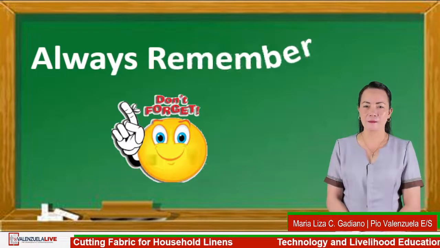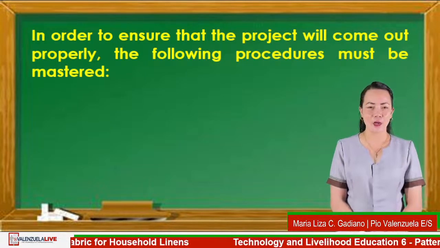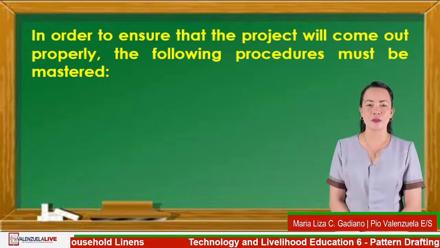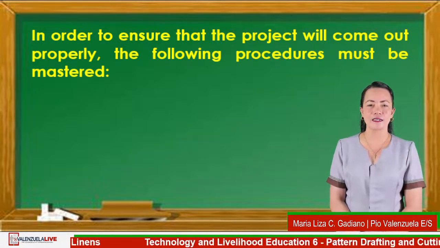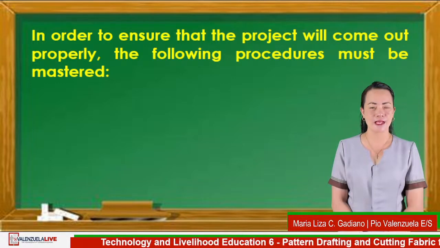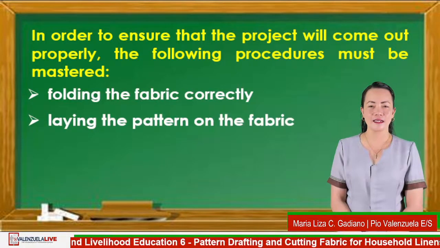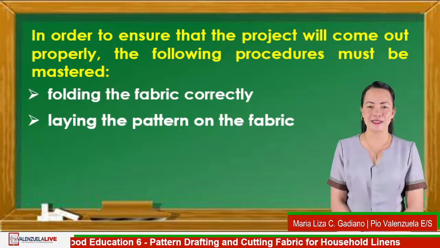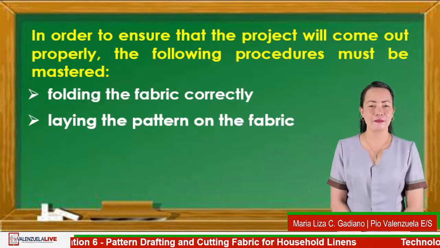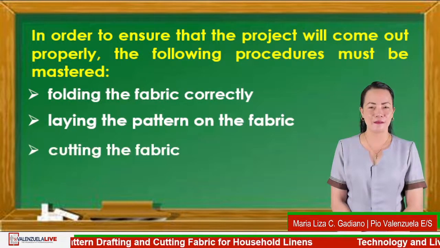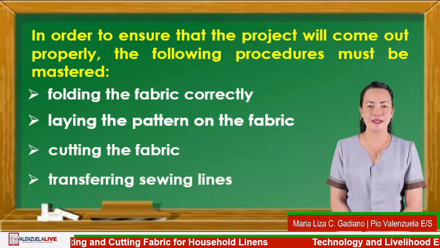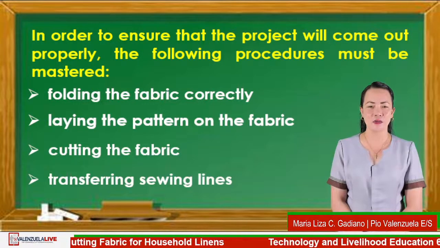Always remember, in order to ensure that the project will come out properly, the following procedures must be mastered: folding the fabric correctly, laying the pattern on the fabric, cutting the fabric, and transferring sewing lines.